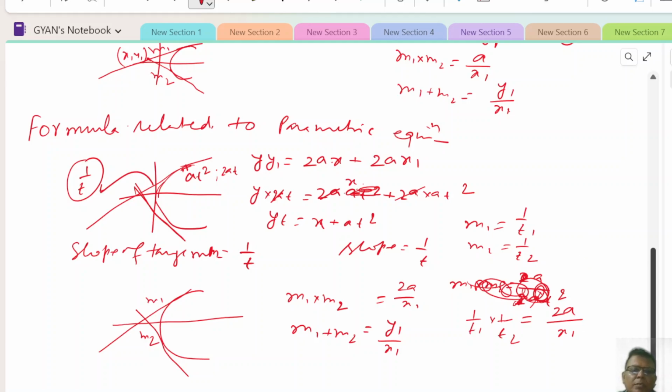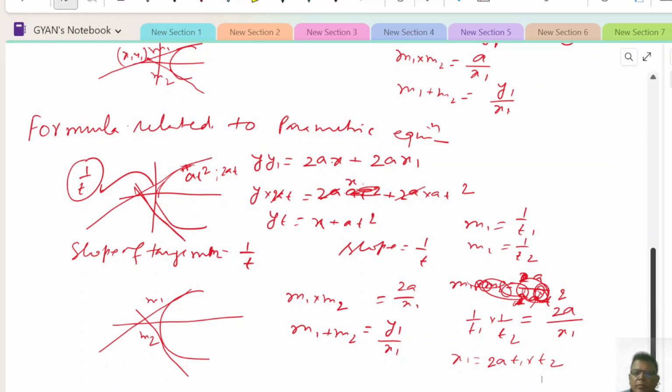And what about x1? x1 is equal to 2a t1 t2.